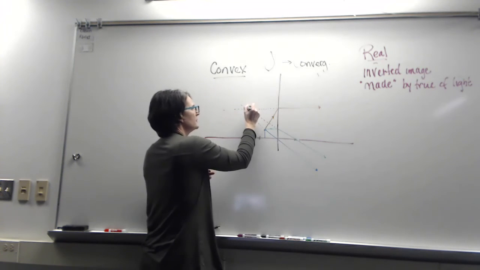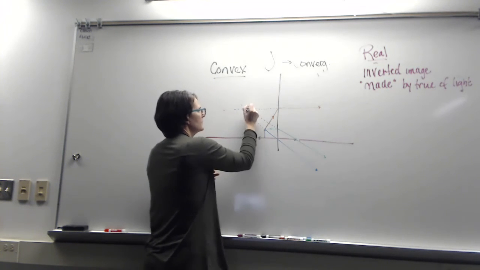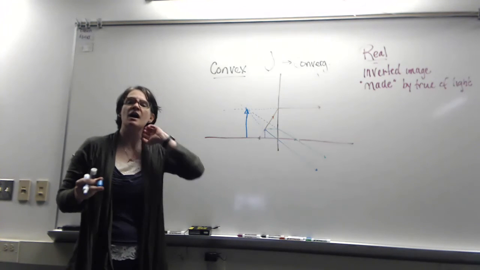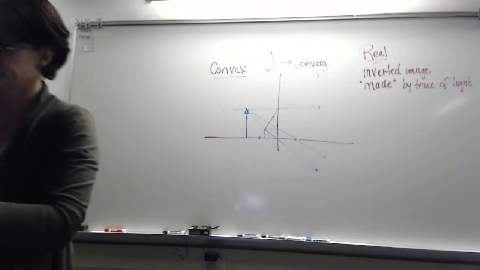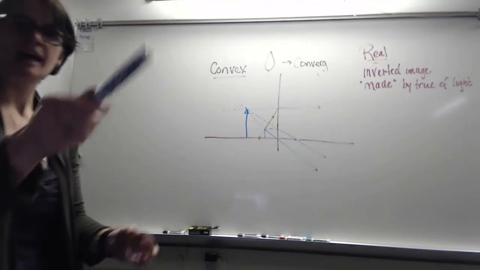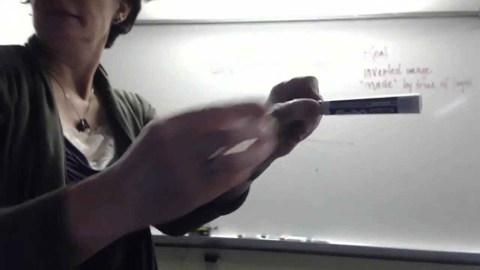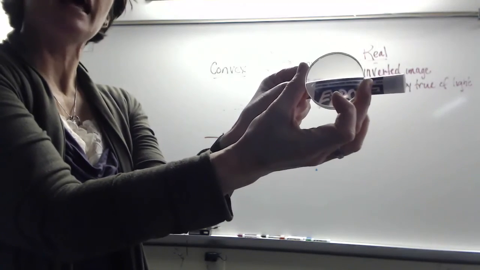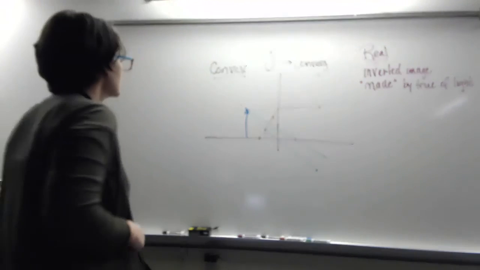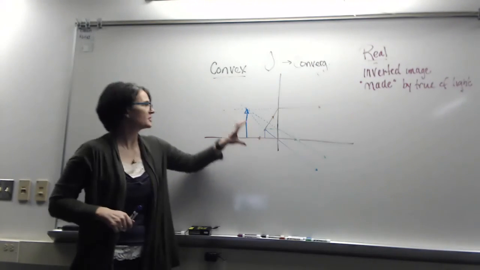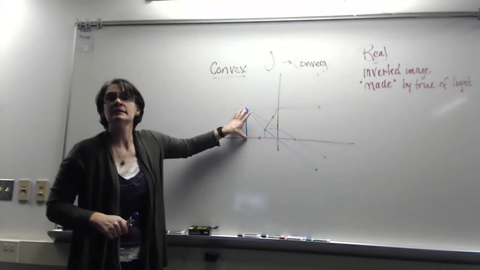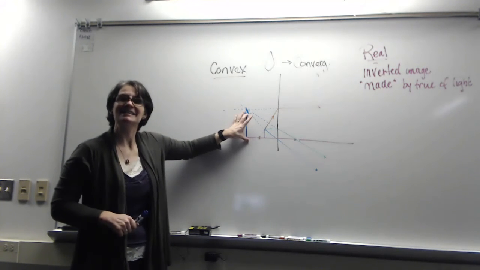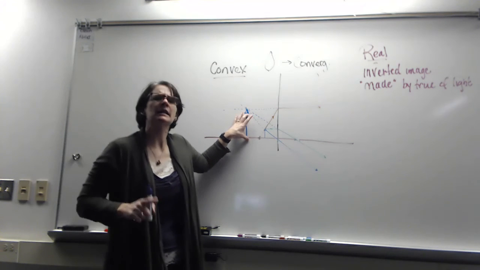as if this was the object. So if instead of looking at this writing through this lens, I instead took away the lens and took away the object and replaced it with this object at this location and this size, my brain can't tell the difference.